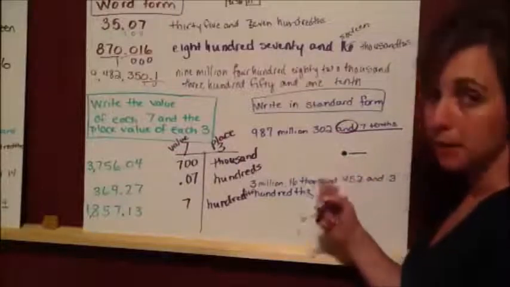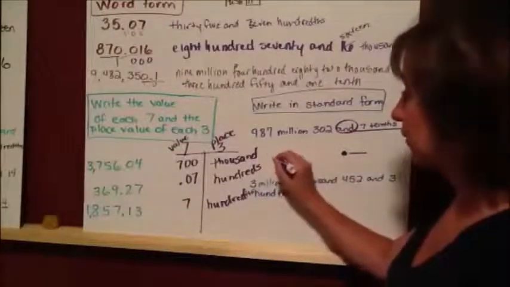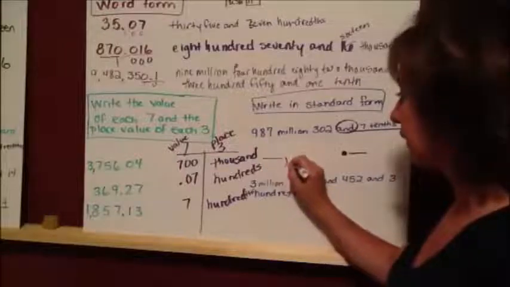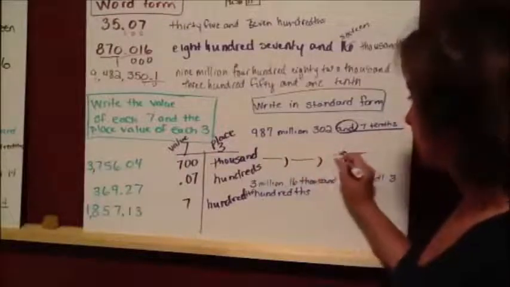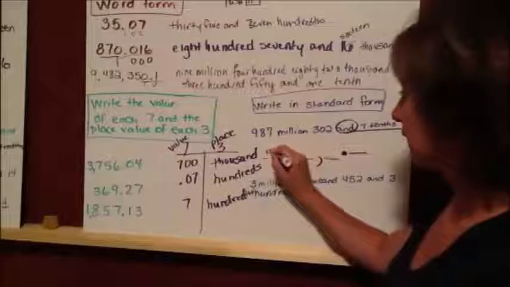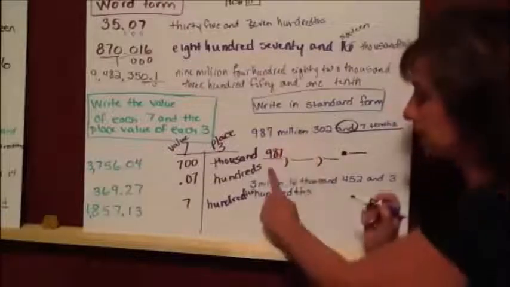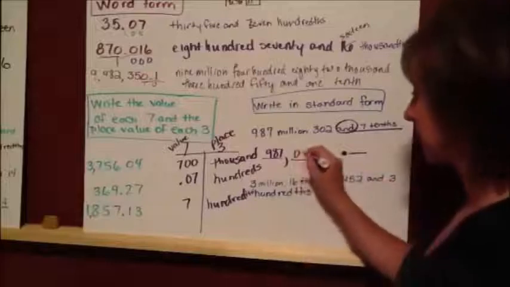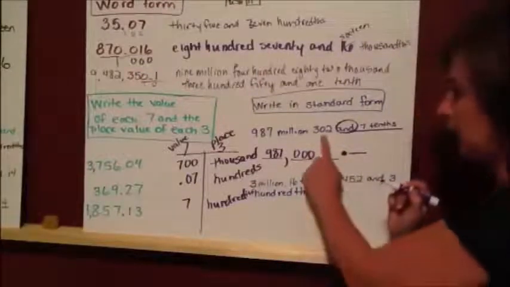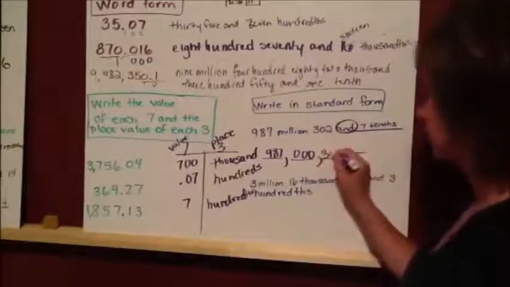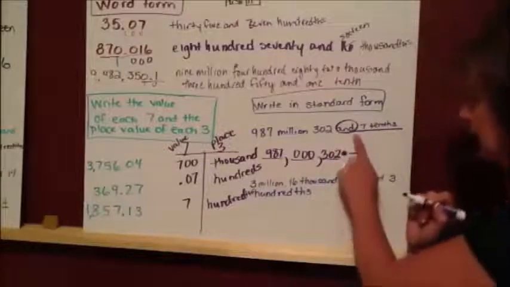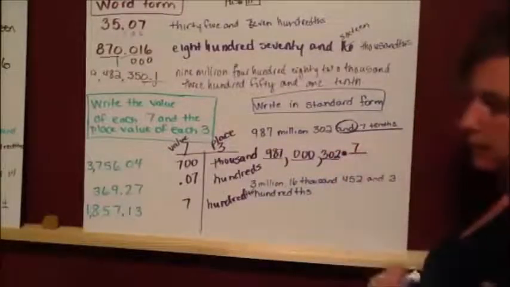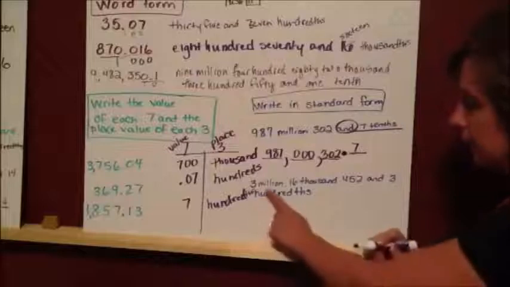Because I'm using the millions, I have to go to the third period. So 987 is in my millions. I don't have any listed for my thousands. And 302 is in the ones period. And 7/10.